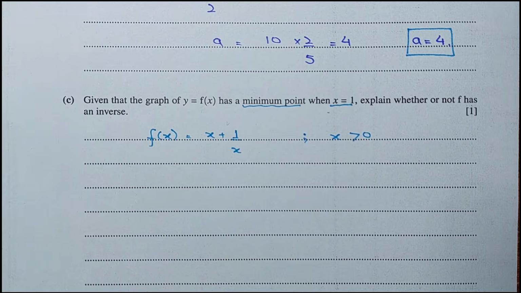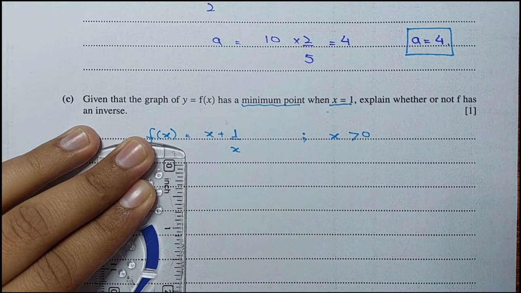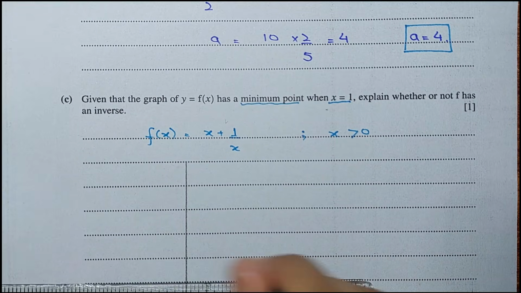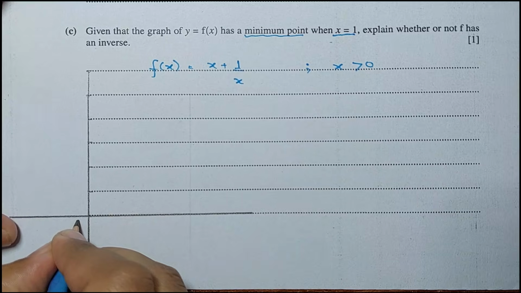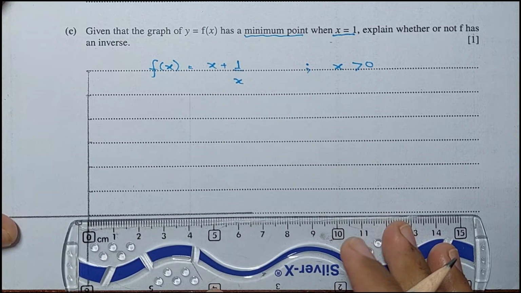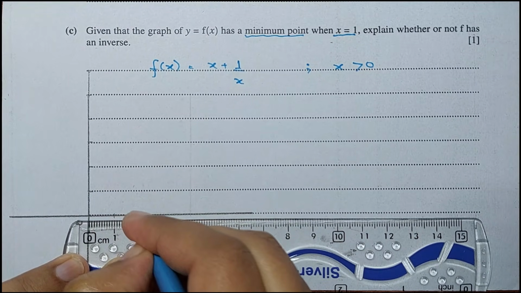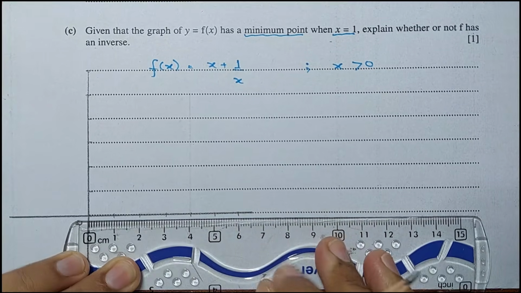So let me graph this out and check by giving some x values: 1, 2, 3, 4, 5, 6, and so on, right?